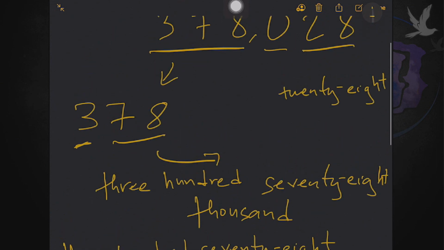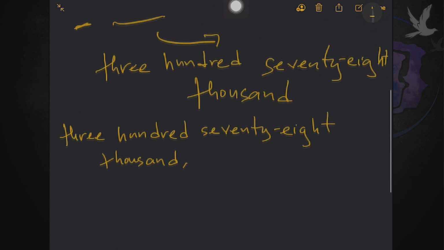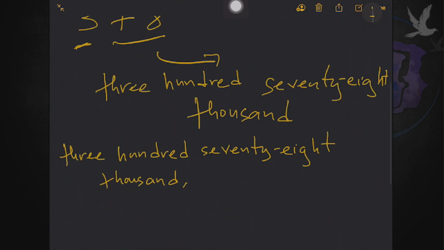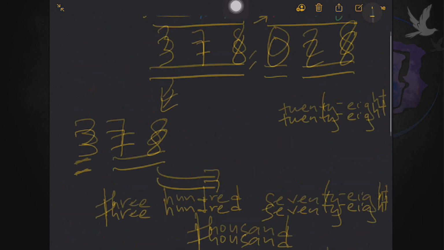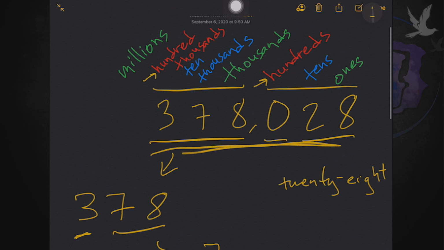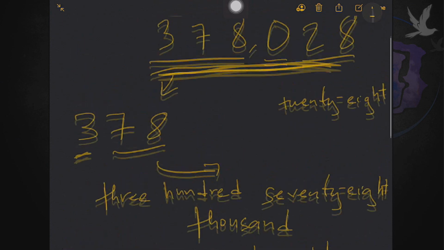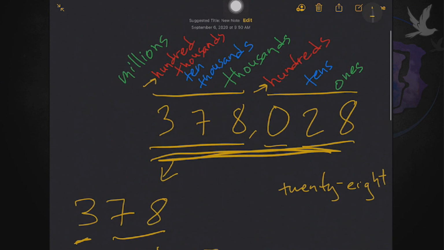What's the number earlier? 28. Which means that this number is read as 378,028.